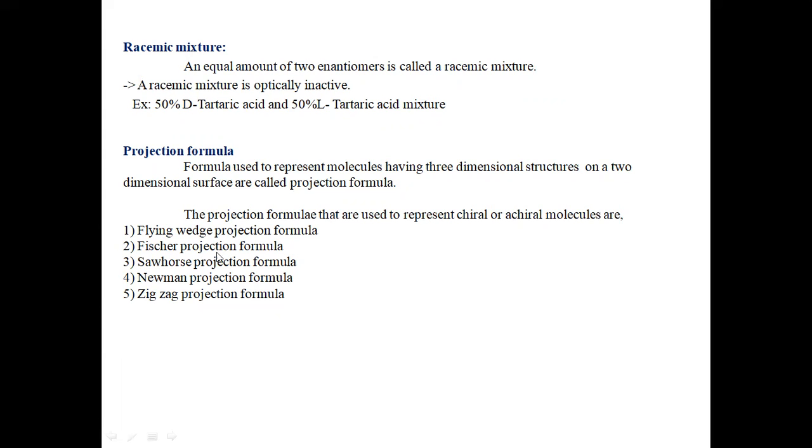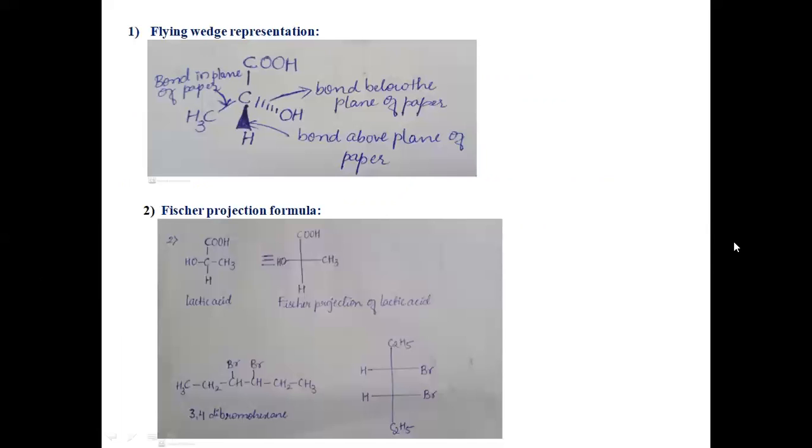Second is the Fischer projection formula. Third is the Sawhorse projection formula. Fourth is the Newman projection formula. And the last one is the Zigzag projection formula. Let us see how we represent three-dimensional structures using these formulae.